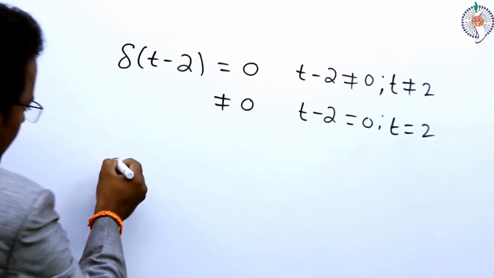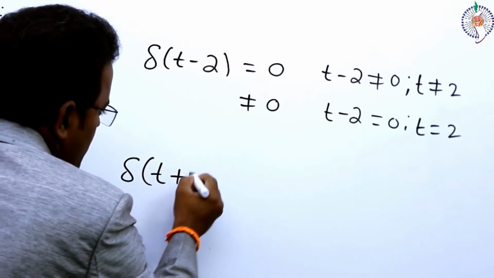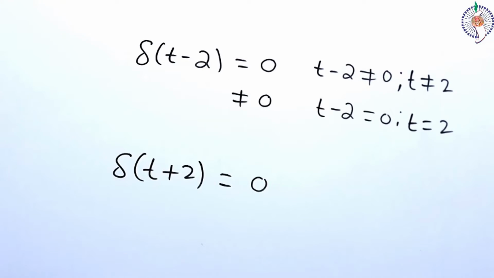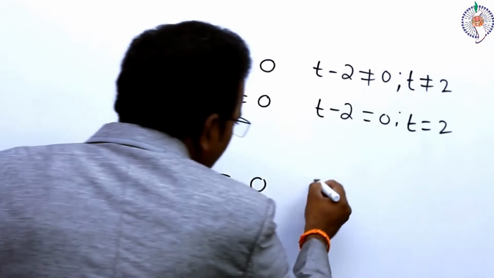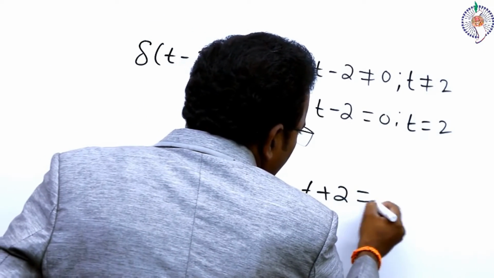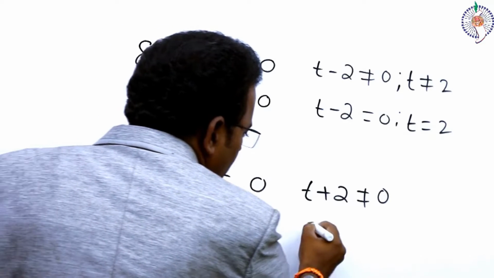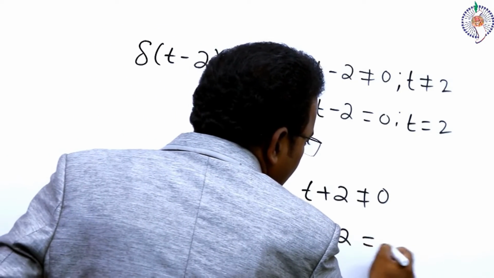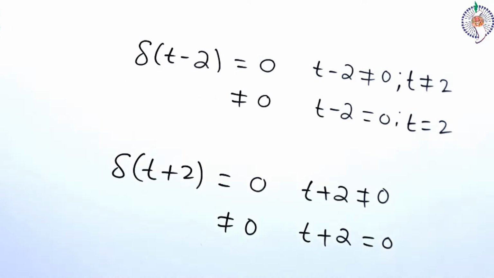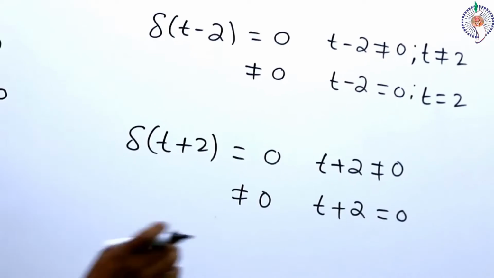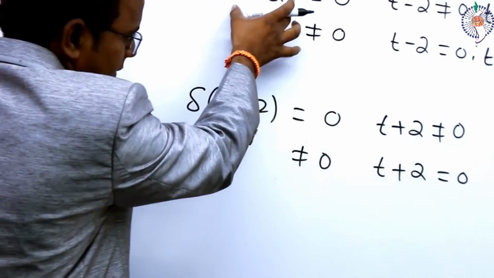For example, delta of t plus 2. Its value is clearly 0 when the argument is not equal to 0, and not equal to 0 when the argument is equal to 0. Argument means, as I already said previously, the total value inside the bracket.